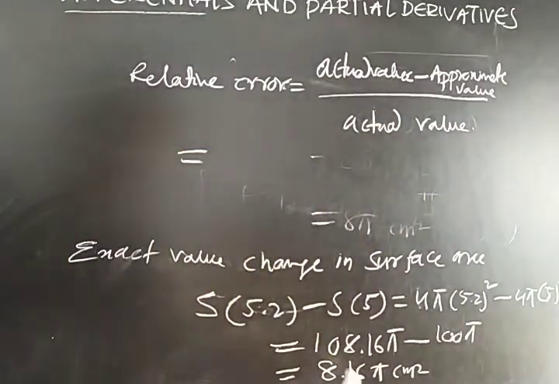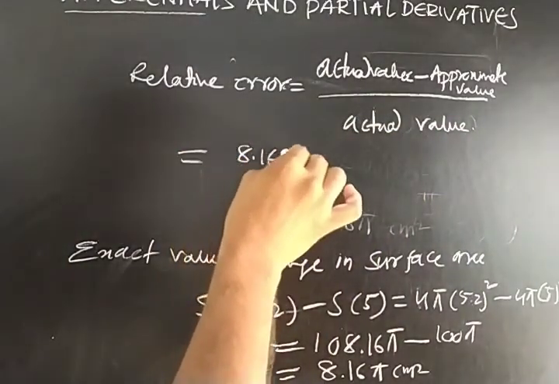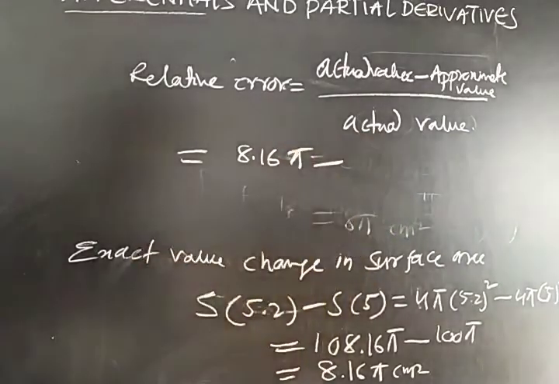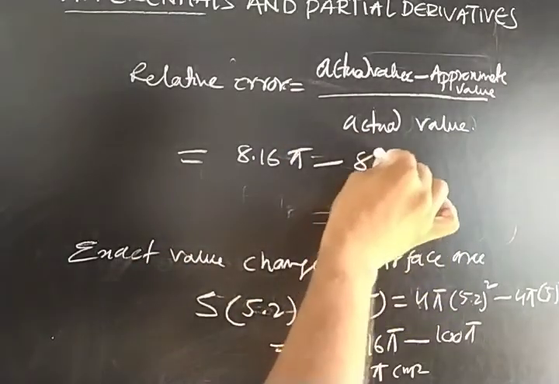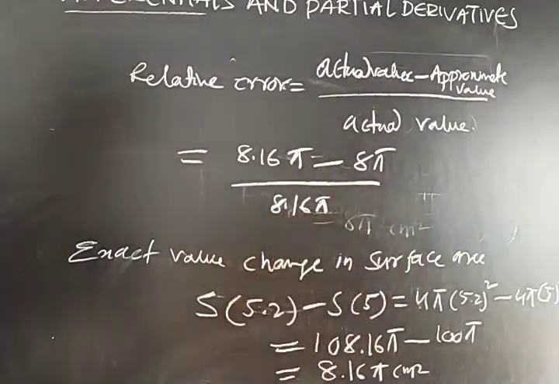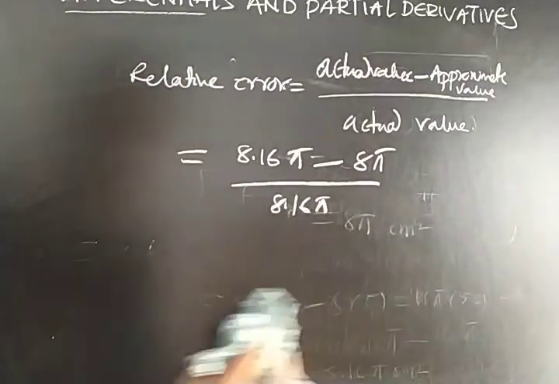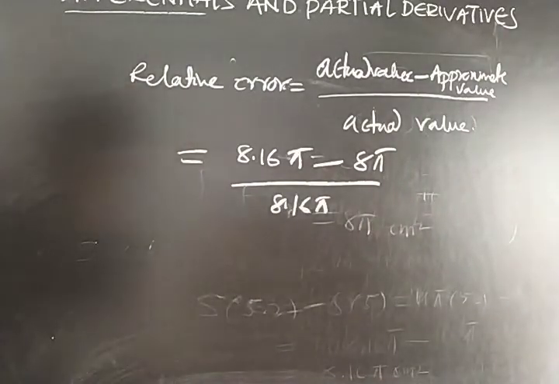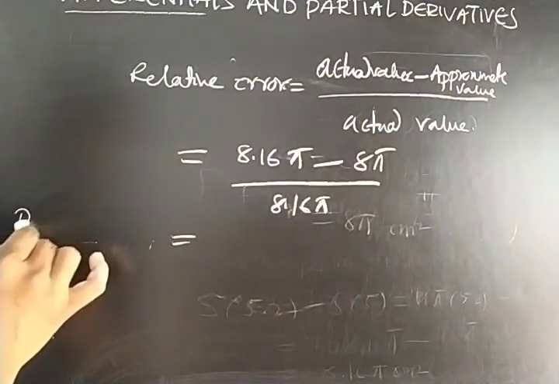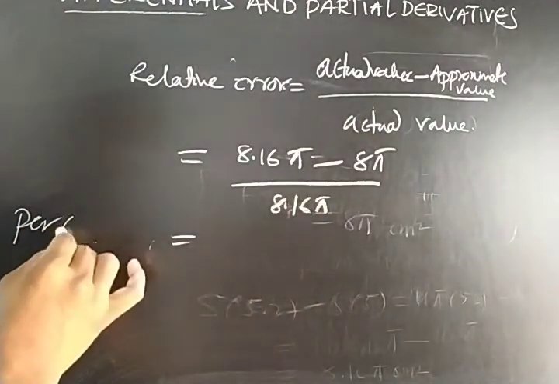The actual value is 8.16 pi and the approximate value is 8 pi, so the relative error is 8.16 pi minus 8 pi by 8.16 pi. To get the percentage error, we multiply by 100.